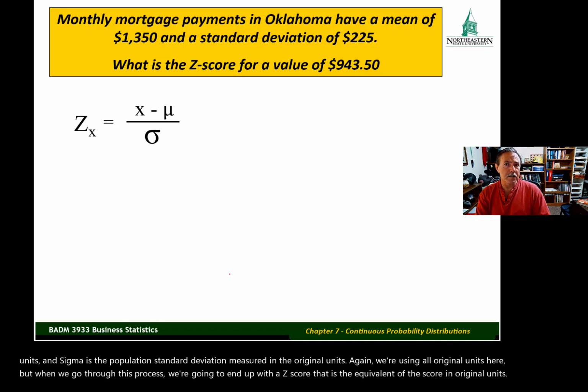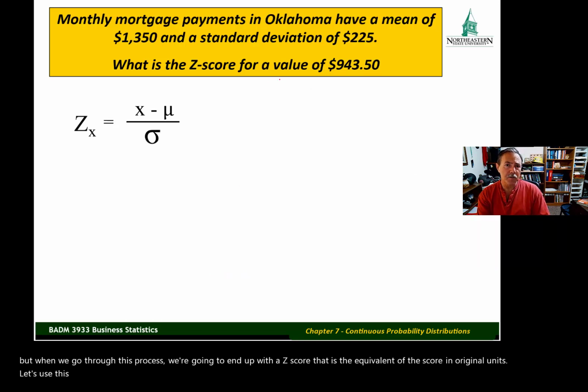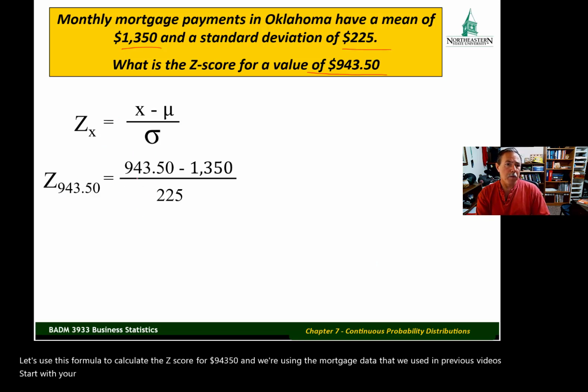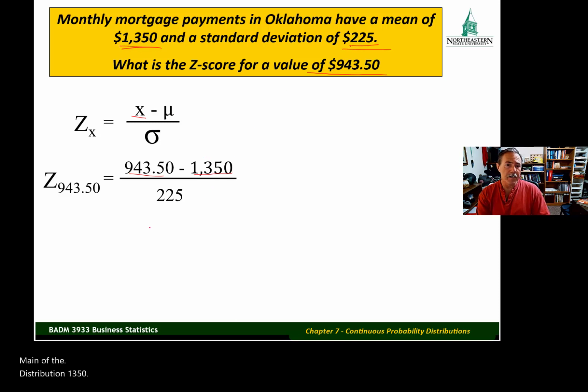Let's use this formula to calculate the z-score for $943.50, and we're using the mortgage data that we used in previous videos. Start with your formula. Plug in your x value, 943.50, the mean of the distribution, 1350, standard deviation of the distribution, 225.